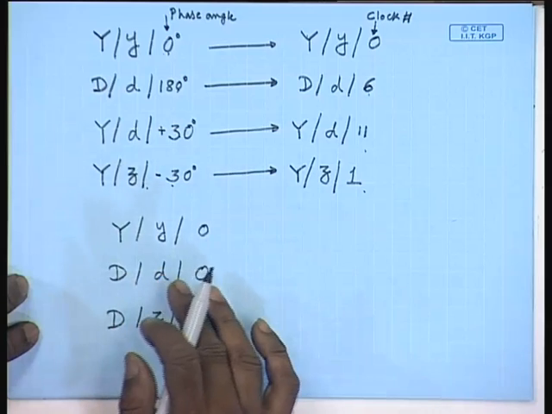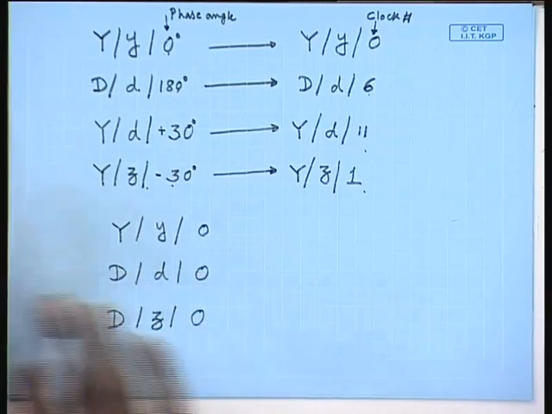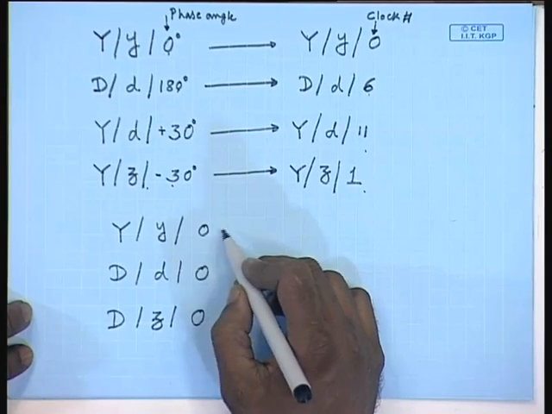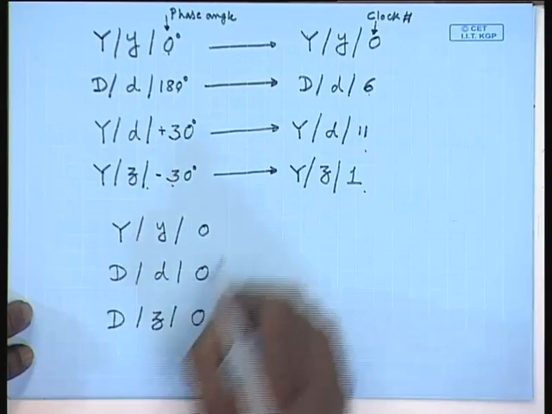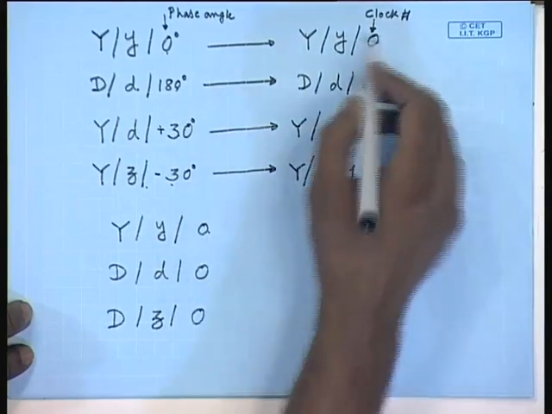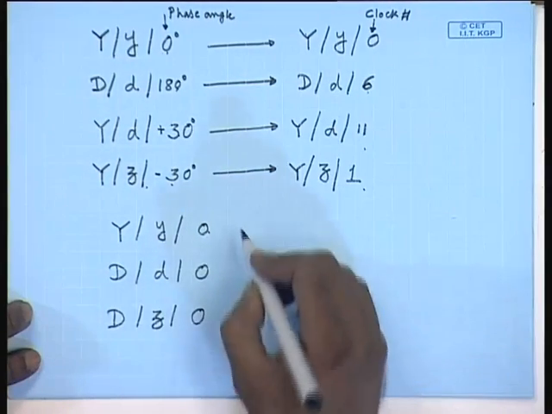In all cases, of course, the high voltage and low voltage side connections may be interchanged. This is one of the possible sets of phase groups with 0 degree phase angle.